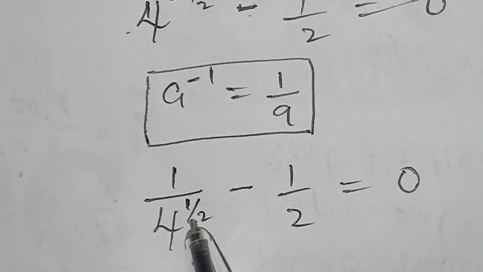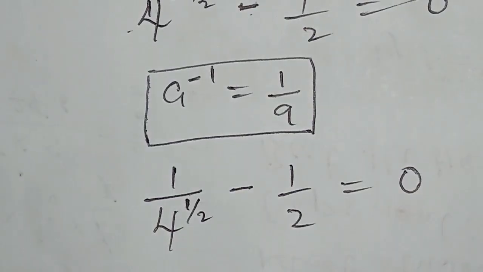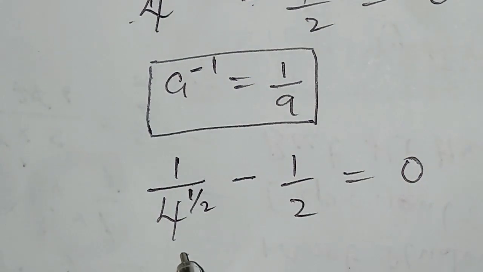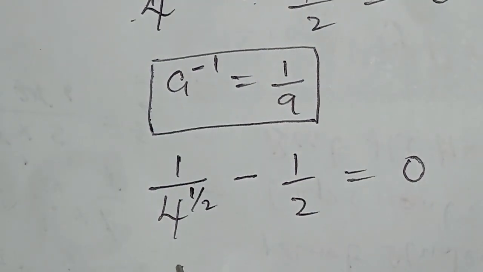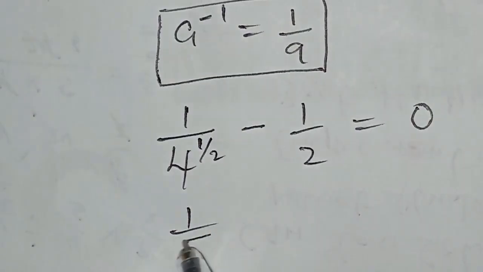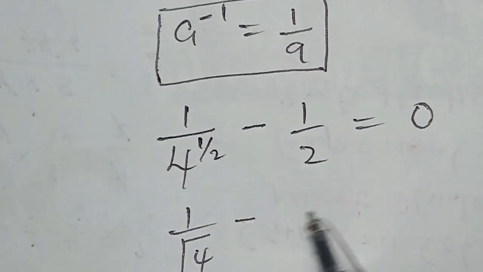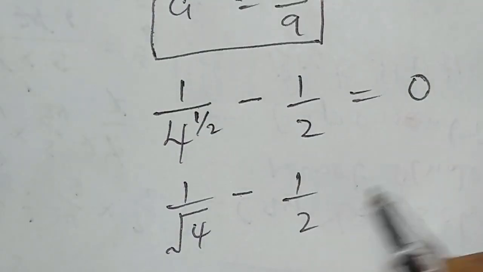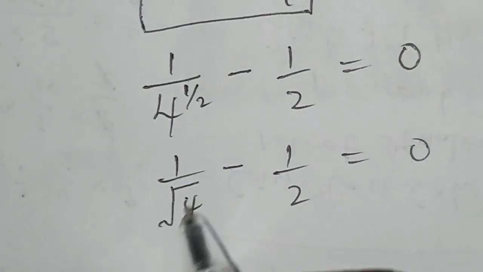So we write this in a radical form, and that gives us 1 over square root of 4 minus 1 over 2 is equal to 0.